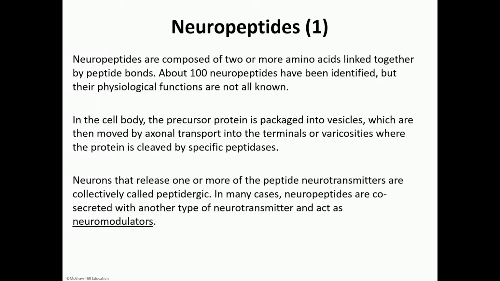Now for neuropeptides. These are a little bit bigger in size than the ones we just talked about. They are made out of 2 or more amino acids linked together to make a peptide. We have tons of them that we are not going to discuss in detail.